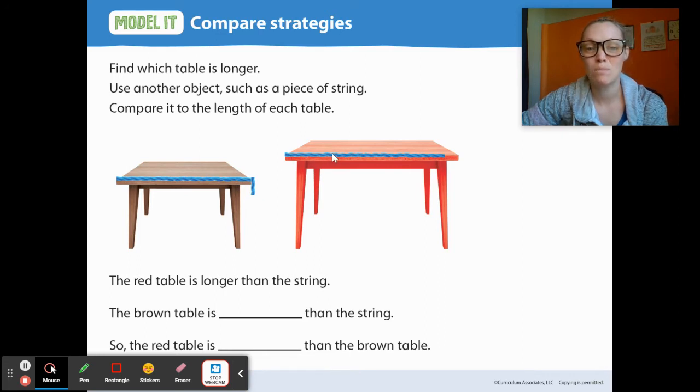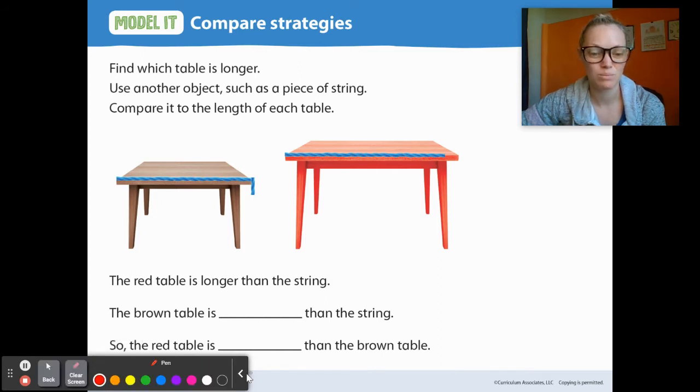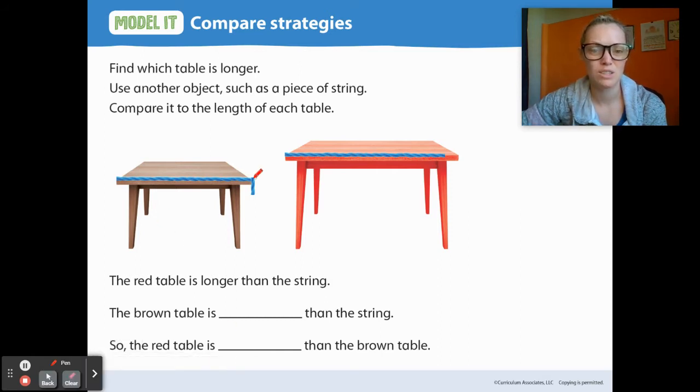This is the same size string, but you notice it does not fit all the way across. What does that tell you? If this blue string and this blue string are the same size, but this one's hanging down with extra and this one doesn't get across.